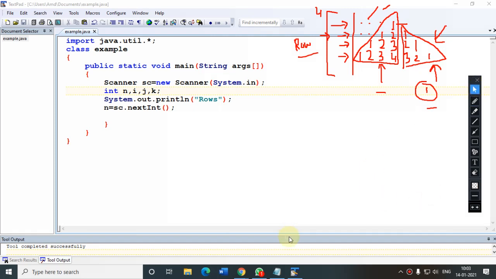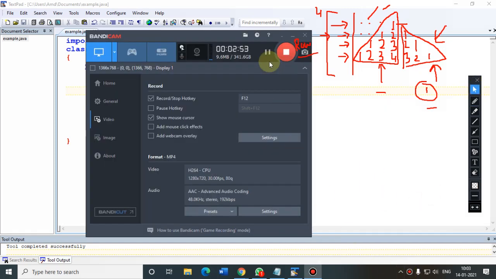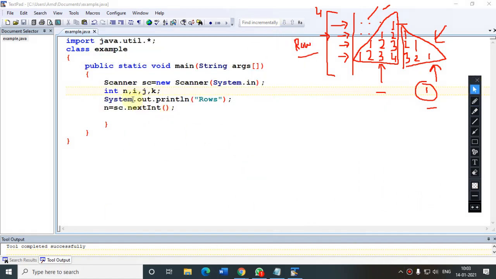So now see, the number of rows you have taken as input. After that, the very basic structure I have told you. See again, this is the common structure which we are going to use.